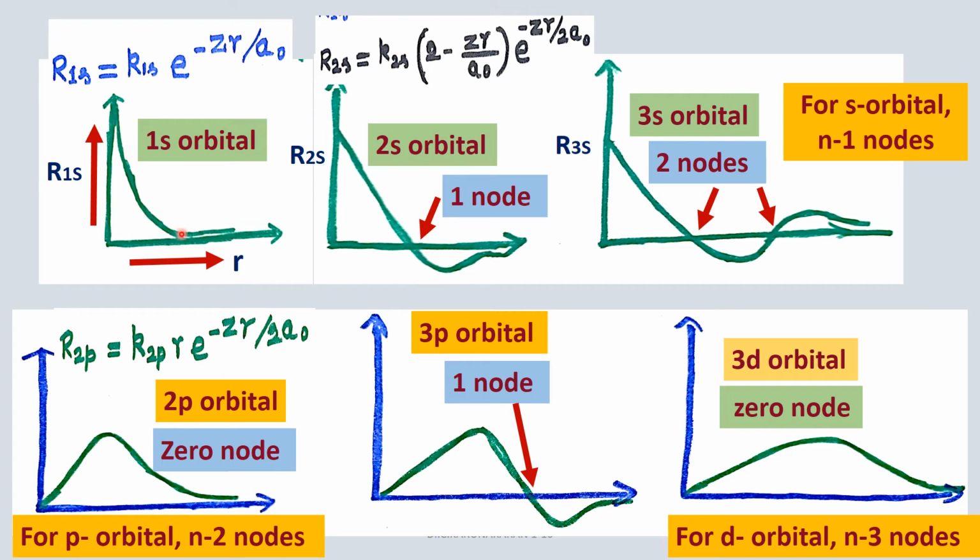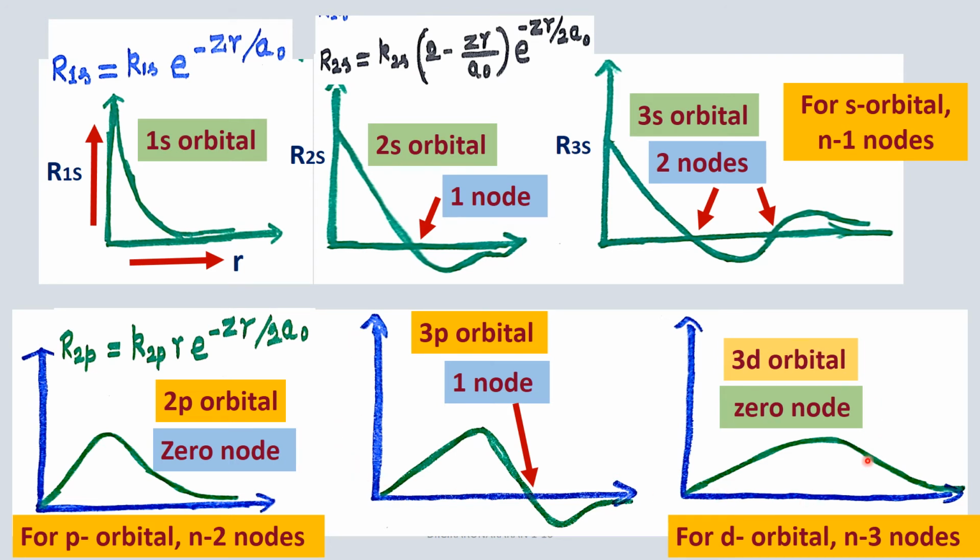There is no node for 1s orbital, because this is an asymptotic curve. It won't meet the x-axis. This is the graphical representation of 2p orbital. This is the graphical representation of 3p orbital, where there is one node at this radial distance, R3p equal to 0.